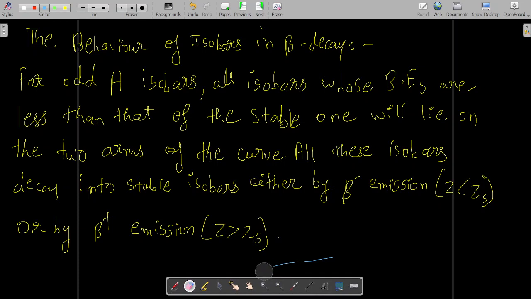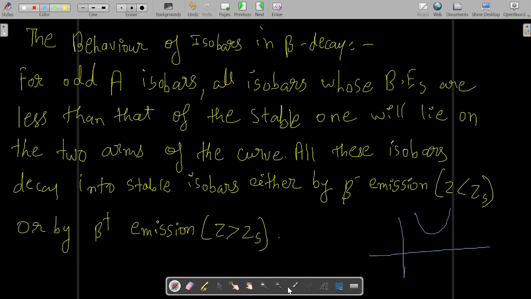We had drawn the odd A graph in the previous lecture. Instead of getting two parabolas, you get a single parabola in case of odd A. In case of even A, you get two parabolas, but in case of odd A, you will get only one parabola. So we had already discussed this in the previous lecture.